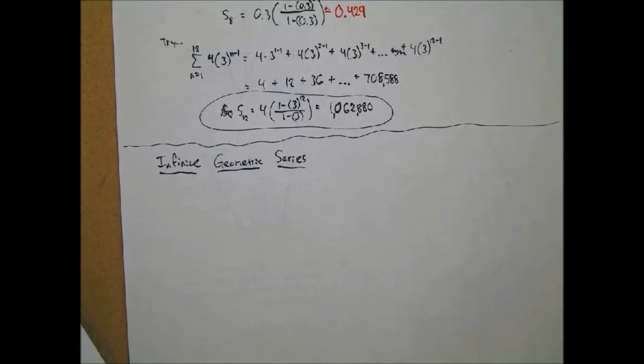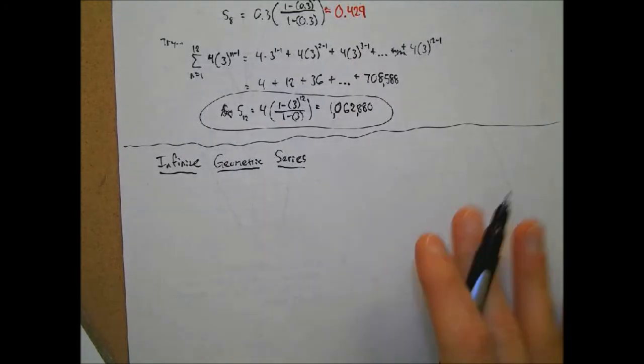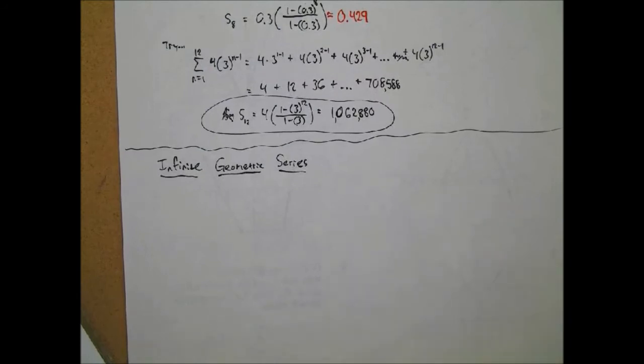Imagine if you're taking your number and multiplying by, say, 1/2 every time, like we saw earlier. We are shrinking those numbers that we're adding pretty significantly, right? You keep halving and halving and halving. Eventually you will kind of be stuck in, I don't even know what to say there.